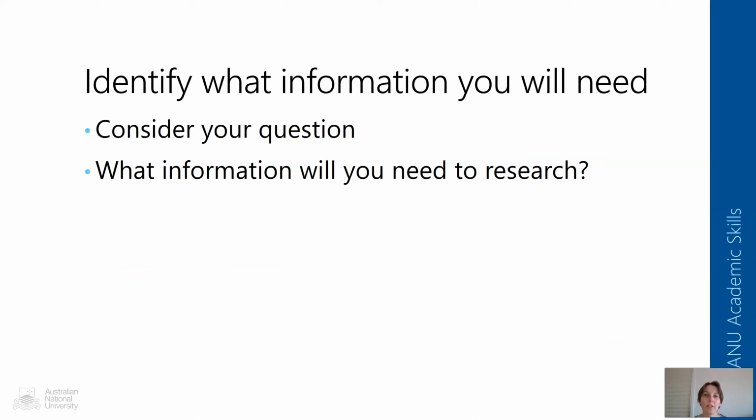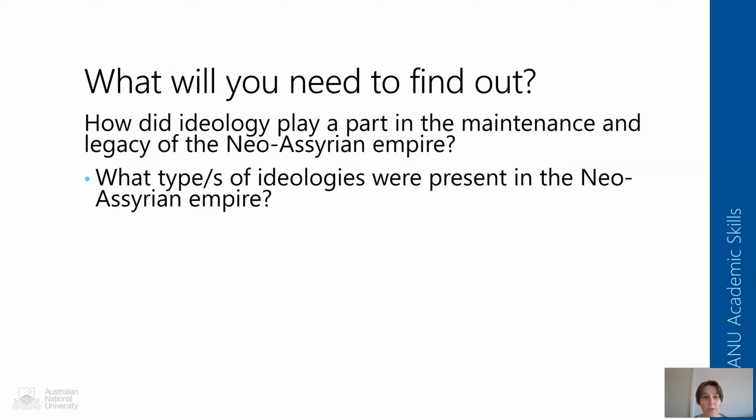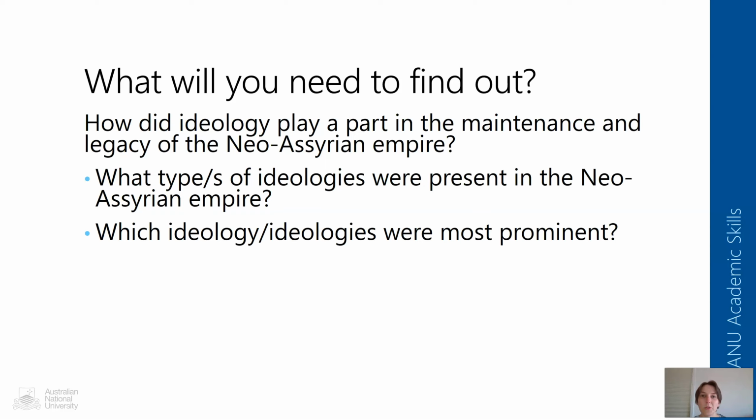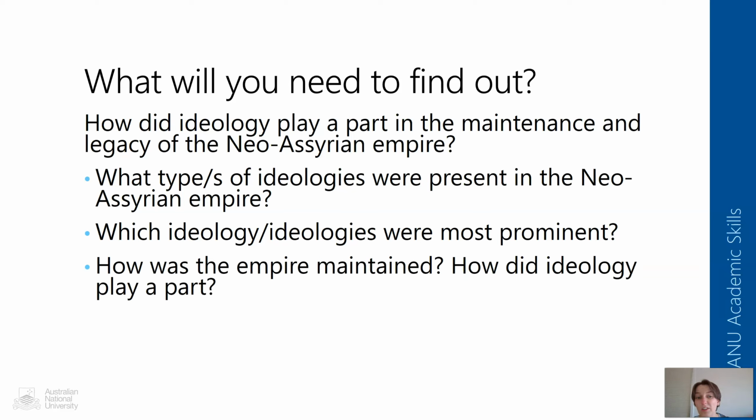Once you've done a little bit of reading and figured out what kinds of issues there are, you'll also have to identify what kind of information you'll need. What will you need to actually find out from the research? With this particular question, you'd need to find out what kinds of ideologies were present, and which ones were most prominent. Which ones were really prominent and popular and well documented, but also maybe not.